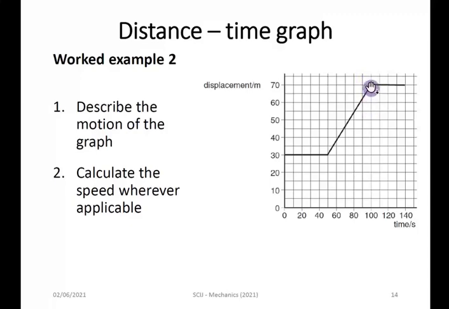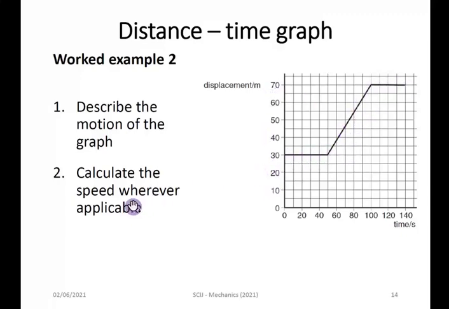And when we go to the 100th second, by that time it was about 70 meters away from the origin. Then 10 seconds later it was still there. 20 seconds later it was still at 70. 40 seconds later it was still at 70. So you can describe this one quite easily.